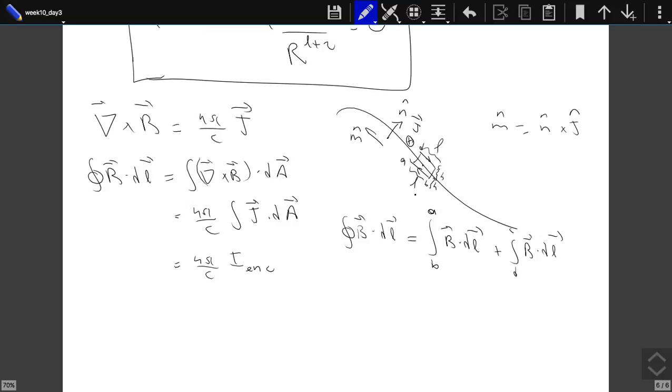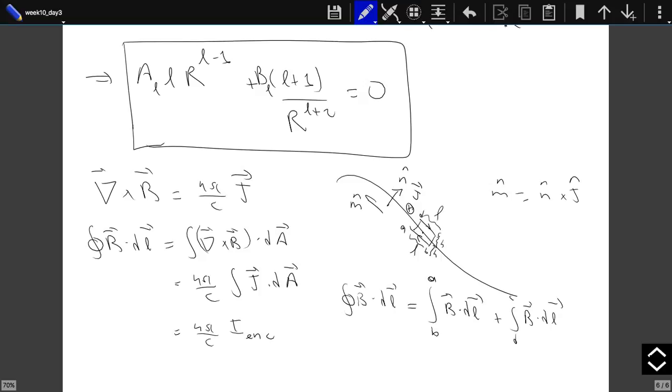Now from B to A, my DL is basically in the direction of M. So this will be equal to L times B inside dot M. From D to C, my DL vector is in the minus M direction, and I'm outside my surface.